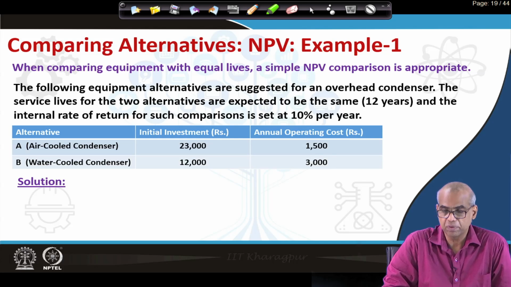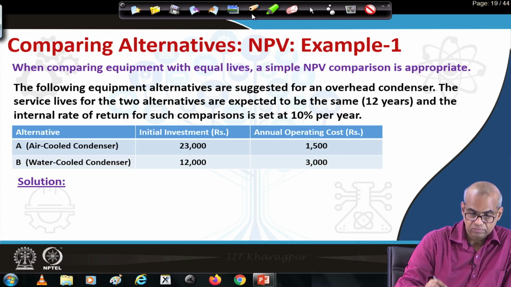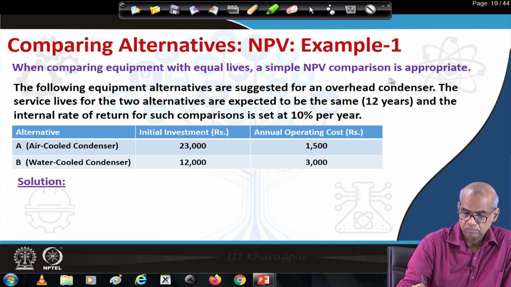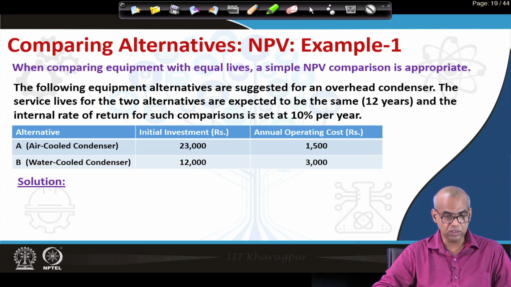So, you can make use of NPV, and the internal rate of return for such comparisons is set at 10%. So, you have two alternatives A and B. A is an air cooled condenser and B is a water cooled condenser. Initial investment of A is 23,000, initial investment of B is 12,000. Annual operating cost for A is 1500 and annual operating cost for B is 3000.